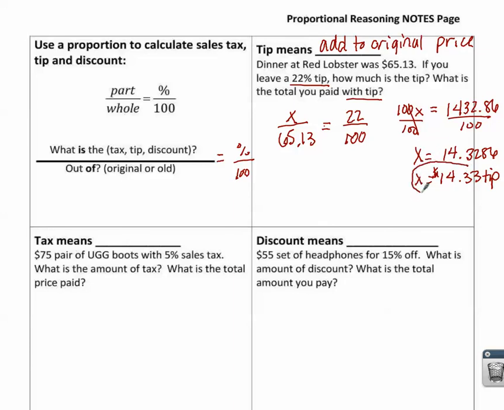So here's your $14.33 as your tip. Circle that. And then you want to take your original price at $65.13, and you're going to add your tip to that. And you get a total of $79.46. This is your total.